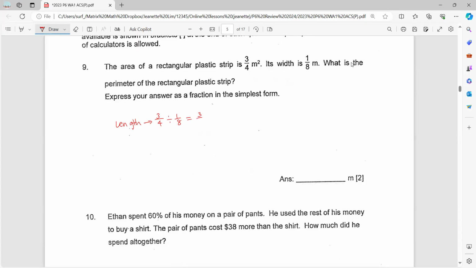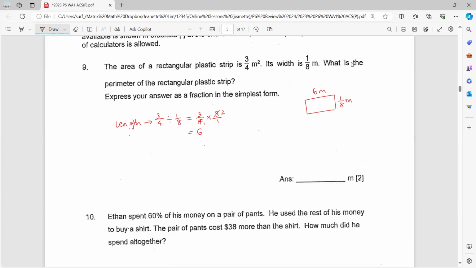We keep the first fraction, change the divide to times, and then flip the second fraction. You can use a calculator for this actually, or simplify this. This is 6. So the length of the plastic strip is 6 meters, and this is 1/8 meter.